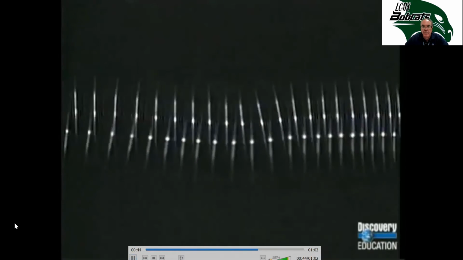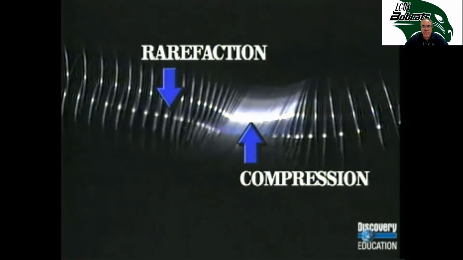After it passes, the coils move apart again. The areas where the particles are closer together are called compressions, while the areas where they are farther apart are called rarefactions. The wavelength of a longitudinal wave is measured between the center of compressions or rarefactions.